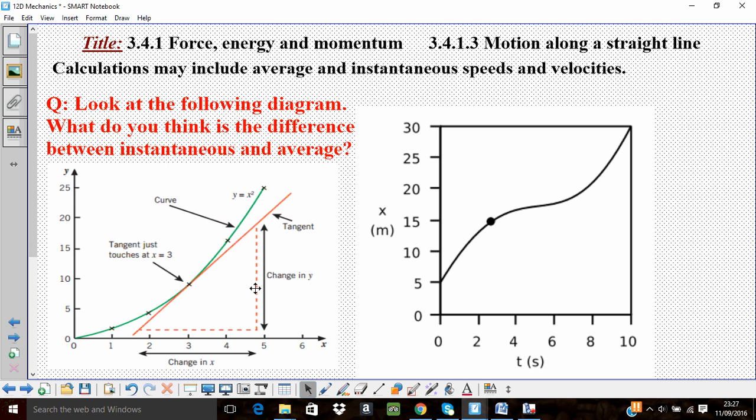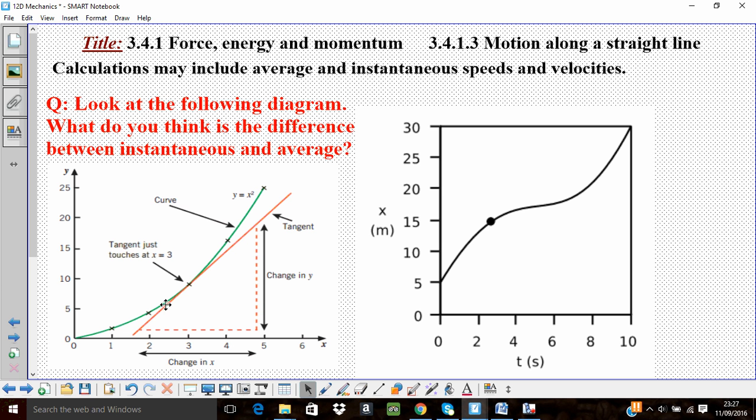This triangle can be smaller, can be bigger, but as a rule of thumb, it is good to take at least half of the graph, so it shows a big image and it's very easy to analyze. So we have the rise, the change in y, being the distance from the origin, and the run, the change in x, which is probably the time.